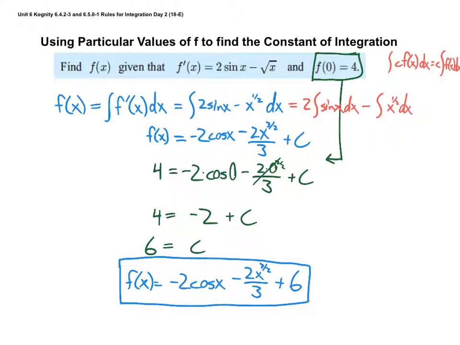Alright, so that's one example. Look at another. What's a little different here? Yeah, we're given the second derivative, and we're asked to find the original function. So do we have to take the integral of that and then the integral again? Yes. Nice.